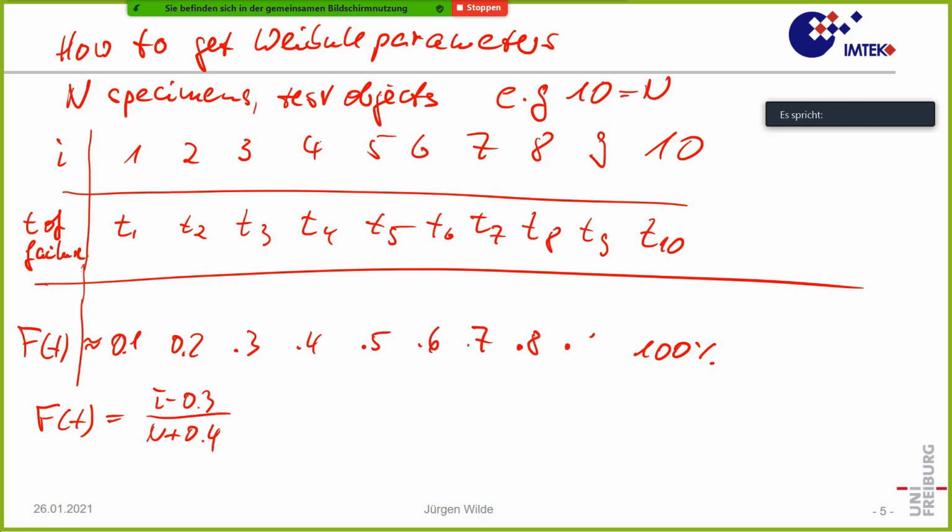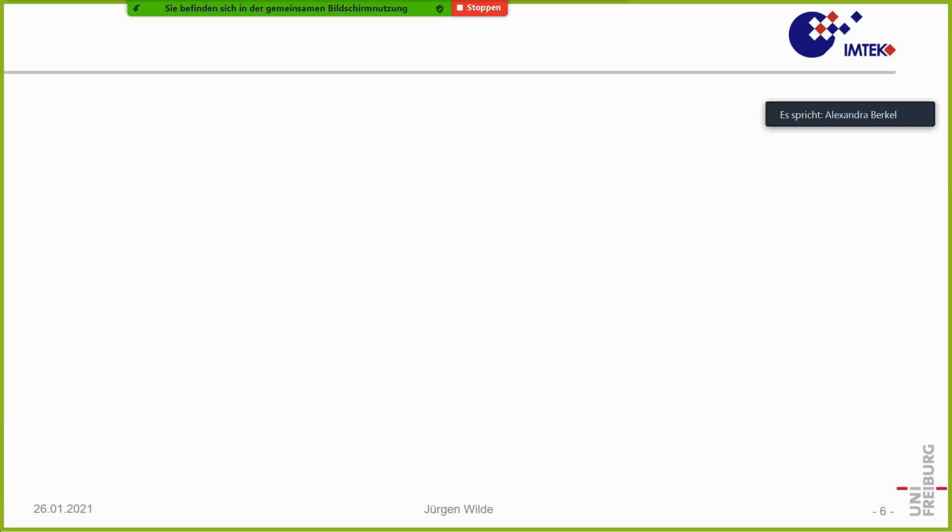So you could say 1 minus 0.3 is 0.7 divided by 1.4, and so that's 0.5 and not 0.05 and not 0.1. Okay, but now we have the table of our failure function.